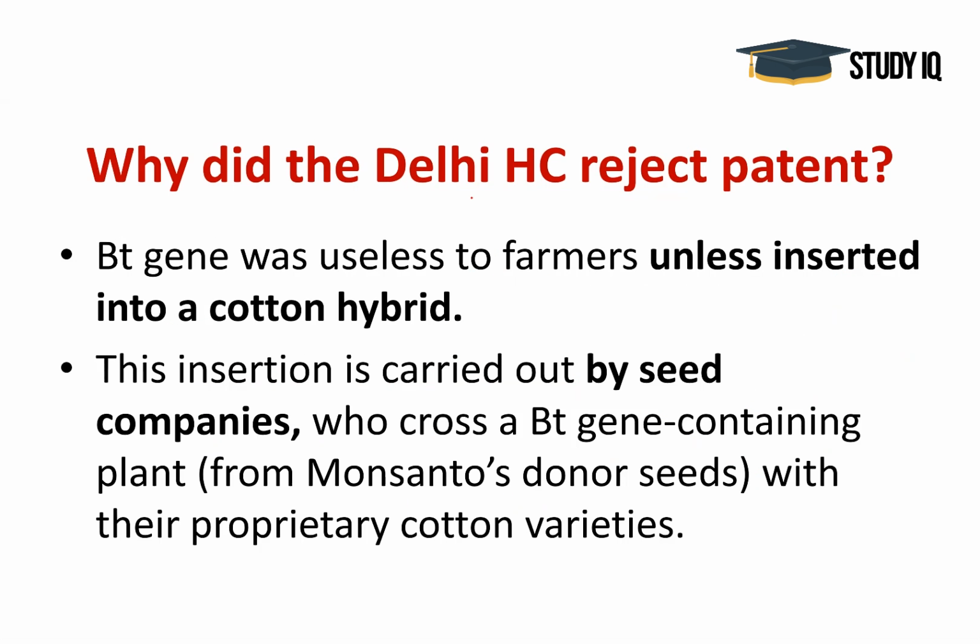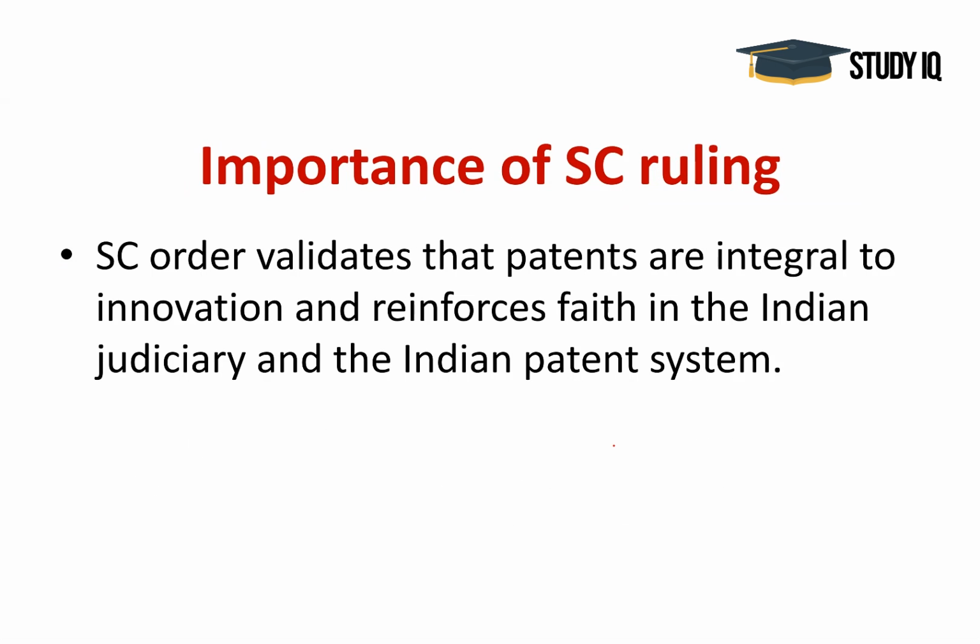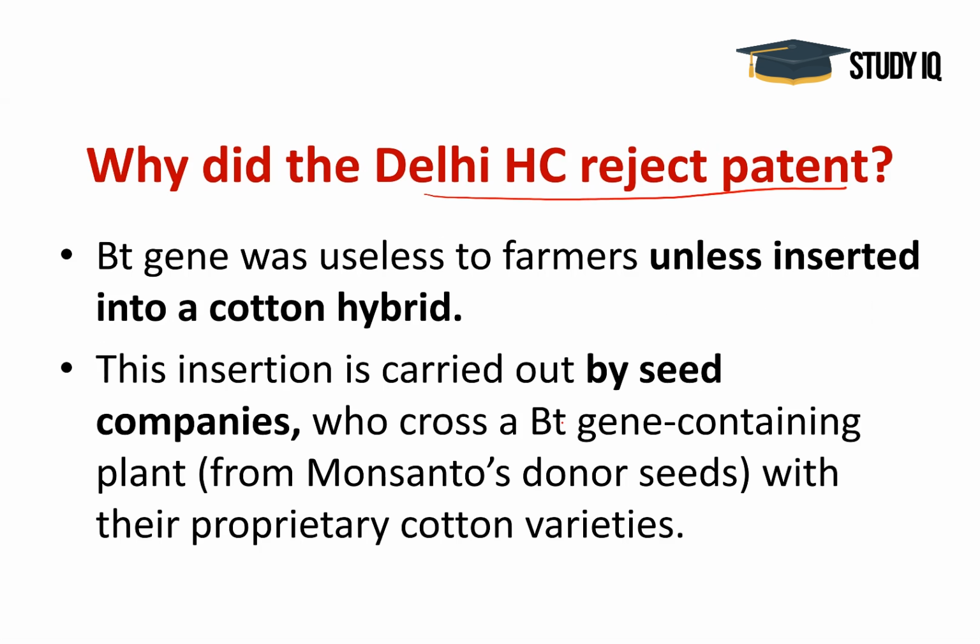So why did the Delhi High Court reject the patent of Monsanto? This thing you need to understand here. The judge reasoned that Monsanto's BT gene was useless to farmers unless it is inserted into a cotton hybrid, which farmers could then grow to repel pests. So what is the thing here?